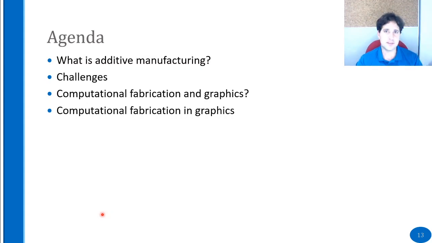I'll try to answer this question, and then, time permitting, I will demonstrate a few examples of what has been done in the graphics community in the context of computational fabrication. And what I hope to achieve from this talk is that you will understand this term called fabrication-aware design. This is where graphics and geometry will come in, where we help design the objects better to be printed.